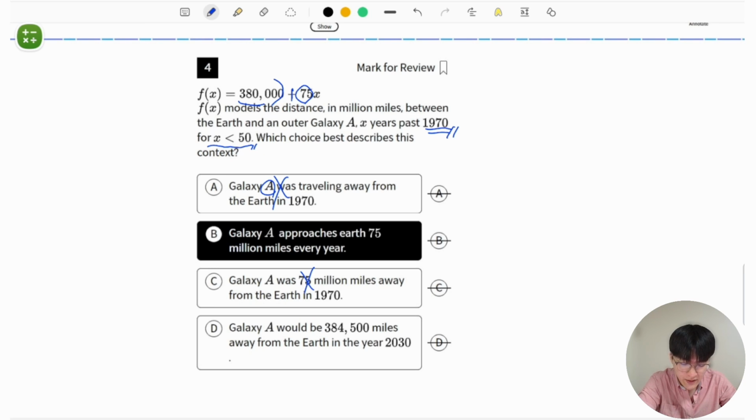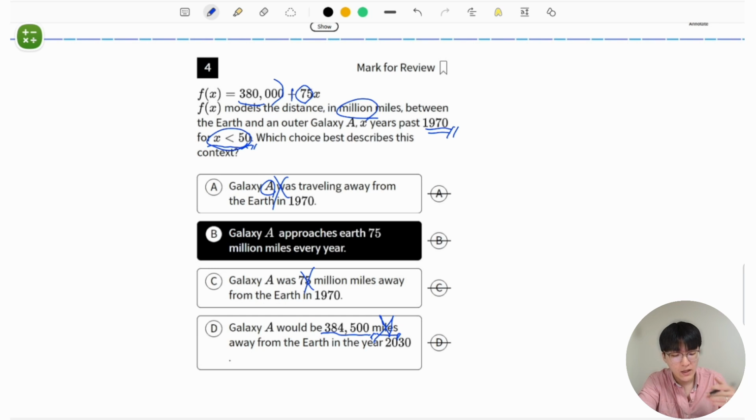And answer choice D, galaxy A would be 384,500 miles away from the Earth in the year 2030. Two things wrong here. First is 384,500 miles. Nope, it's in million miles. So that is wrong. And also, it's away from the Earth in the year 2030. We don't know because this only applies for when x is smaller than 50.